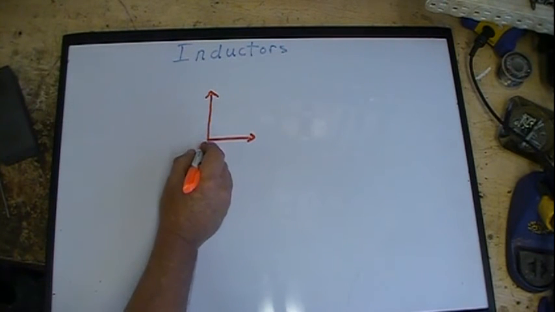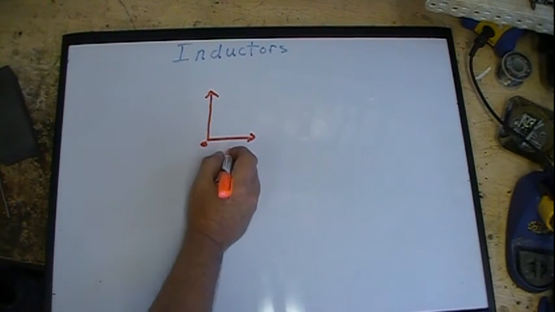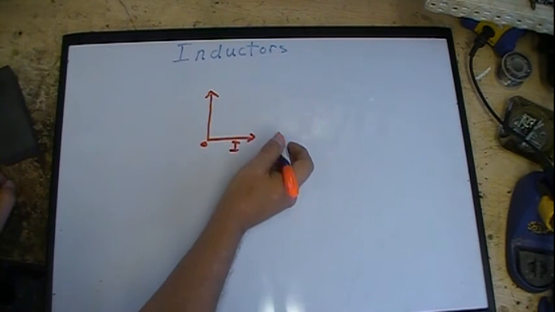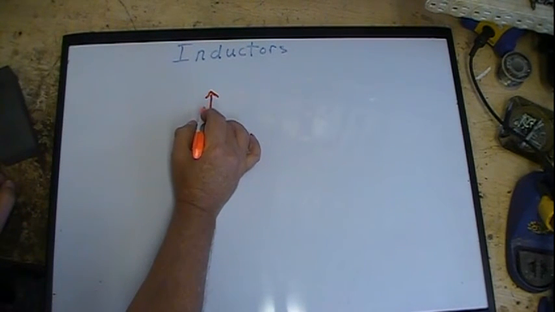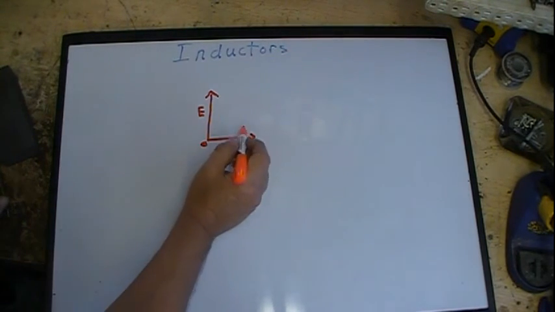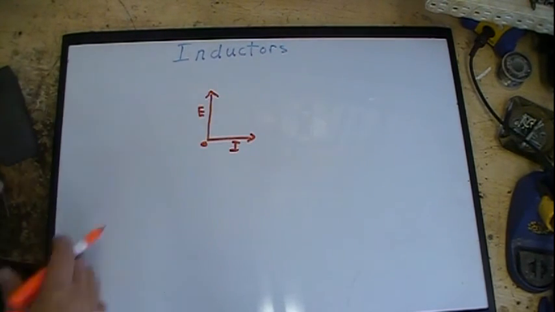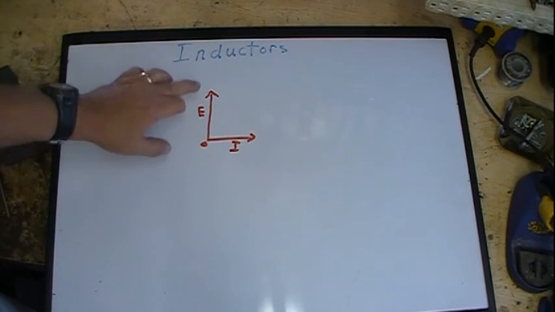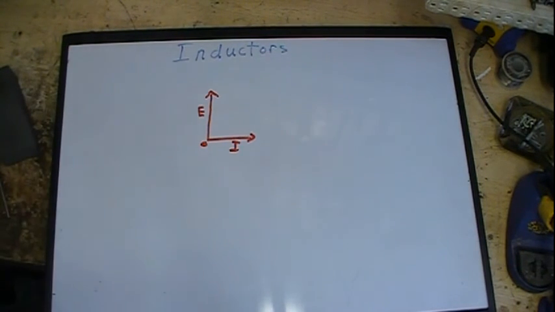This being 0. Across the bottom is the current in the coil. Along this line is the voltage in the coil. Now, in a pure inductive circuit, this is what you get. You get a perfect 90 degrees, but an inductor is not perfect.